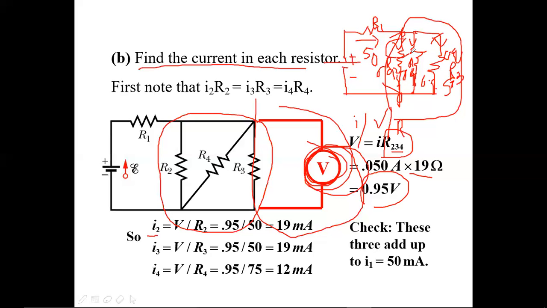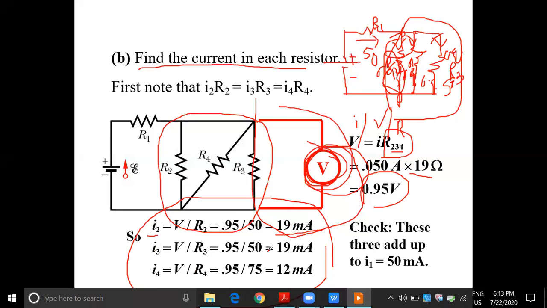For this path, I know the voltage 0.95 and I know the resistance 50, then I can easily find the current. I2 is equal to V by R2. I3 is equal to V by R3. I4 is equal to V by R4. Then I can find the individual branch currents of the circuit.